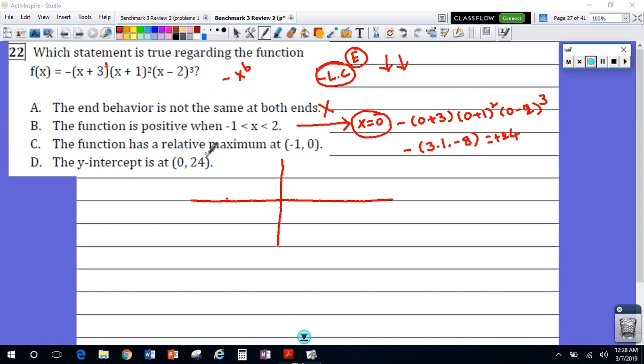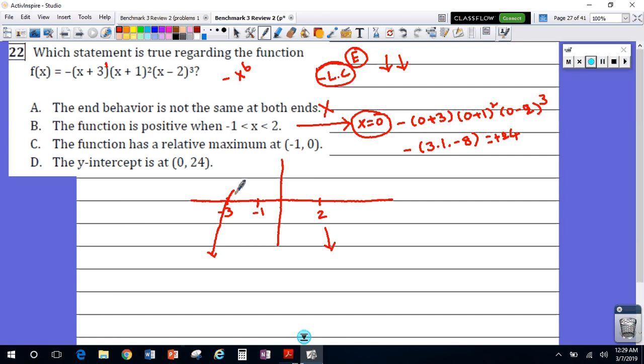Okay. Now let me check with option C. The function is a relative maximum at negative 1, 0. So first of all, let us draw the graph for this one. So it is negative 3 here, negative 1 and positive 2. We know that both ends should go down. So the first one is only x plus 3, so it passes through.